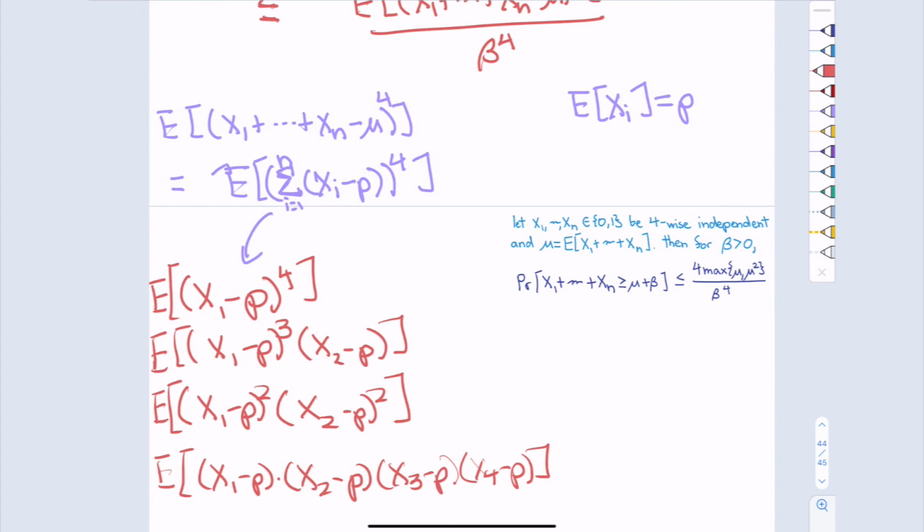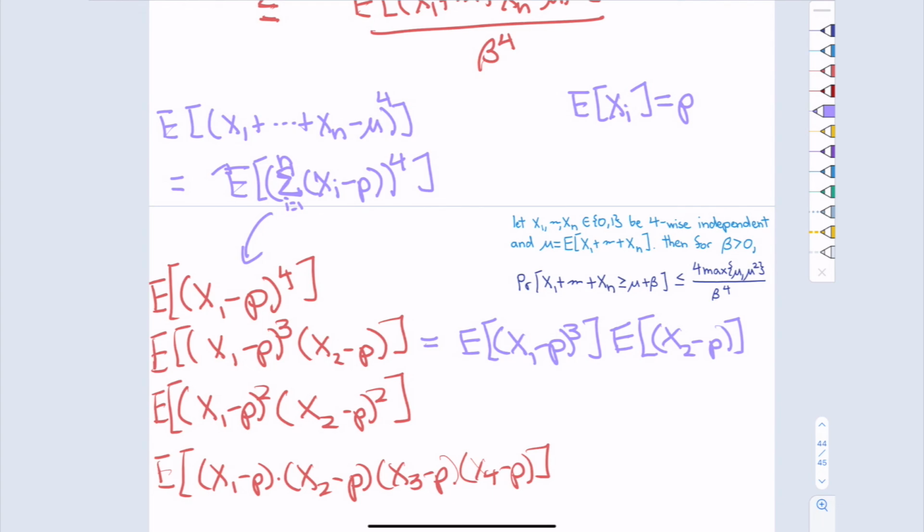Take an interesting one, like this. You can break it up because of 4-wise independence, there's only two terms there. Well, what's this equal to? 0. So all of these terms in a monomial are 0.